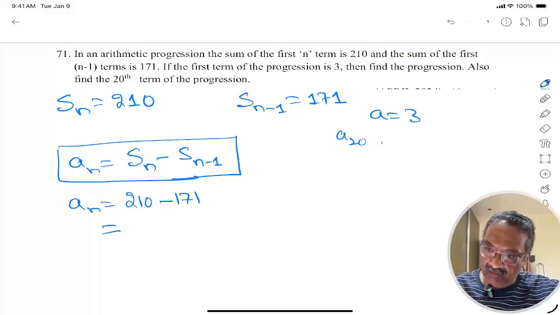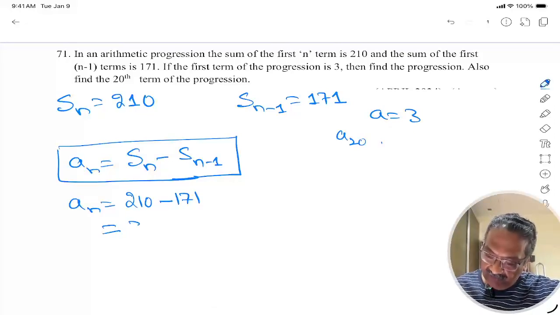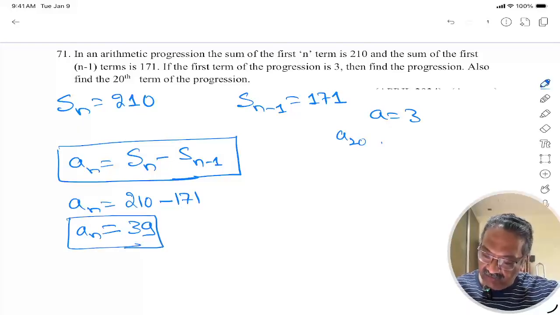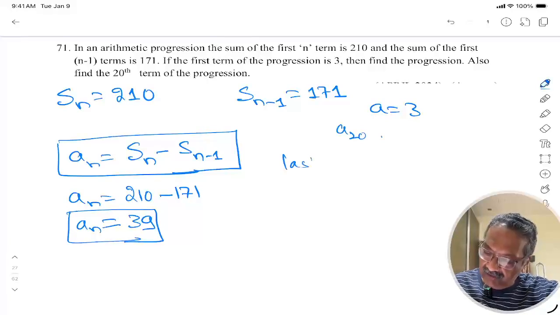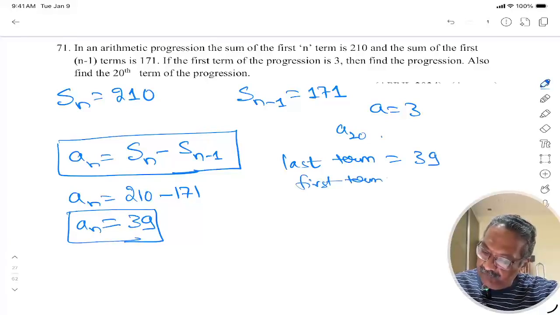So we get 210 minus 171 is 39. an is 39. How do you do 210 minus 171? You take 210 minus 170. That becomes 40. Then minus 1 more, it is 39. Okay. So an is 39. So last term is equal to 39, and first term is equal to 3.